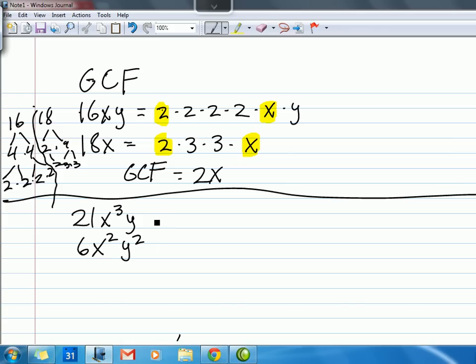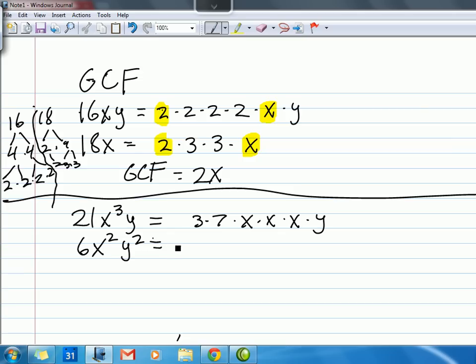If I take these two and want to find the greatest common factor, let's split them up. If you prime factorize 21, you'll get 3 times 7, wouldn't you? And don't forget to expand out the x cubed y, which is 3 x's and 1 y.